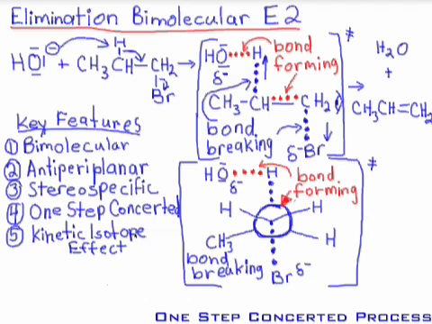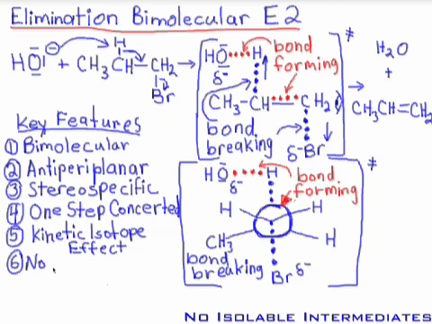Well, actually, it would be useful if I jumped ahead a couple key features and come back to this. Number 6, because it's a one-step concerted process, there's no isolable intermediates. We have a transition state. We go through the transition state. We get products. There's nothing like in the E1.